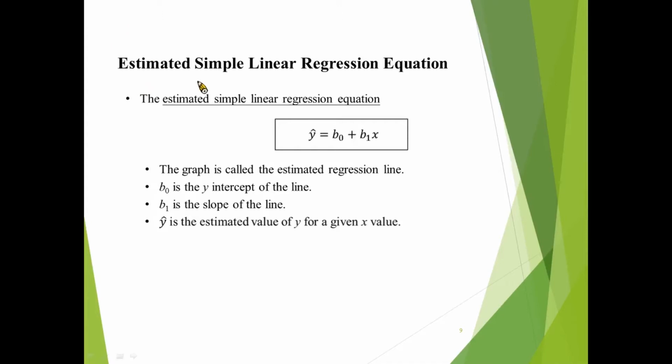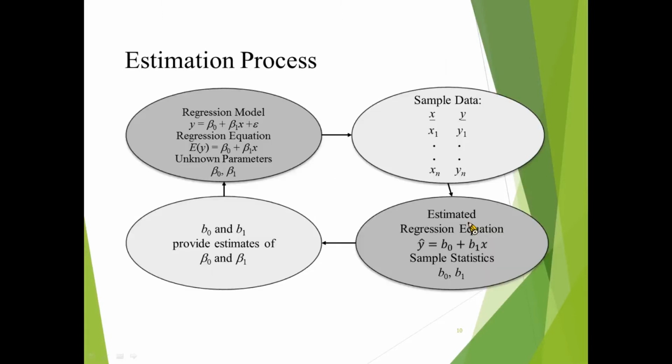This is the estimated simple linear regression equation, and this is the process. We have the regression model, y equals beta 0 plus beta 1 x plus epsilon, and the regression equation.